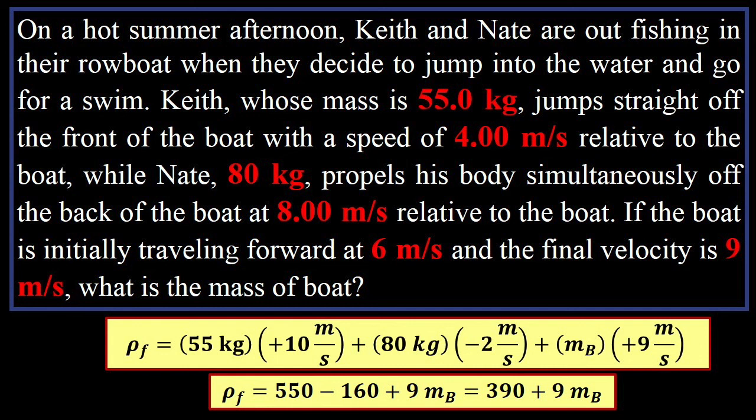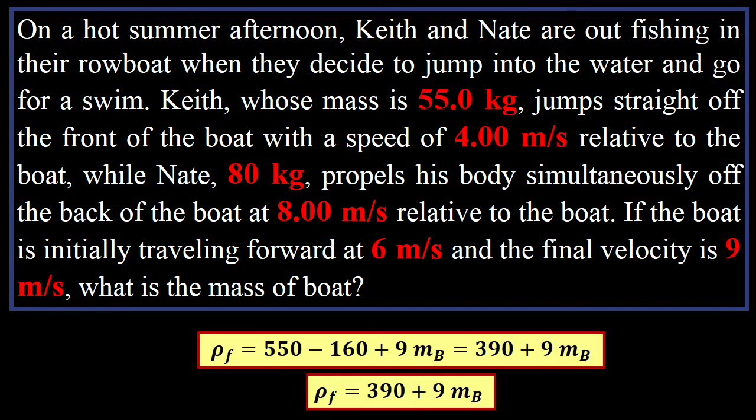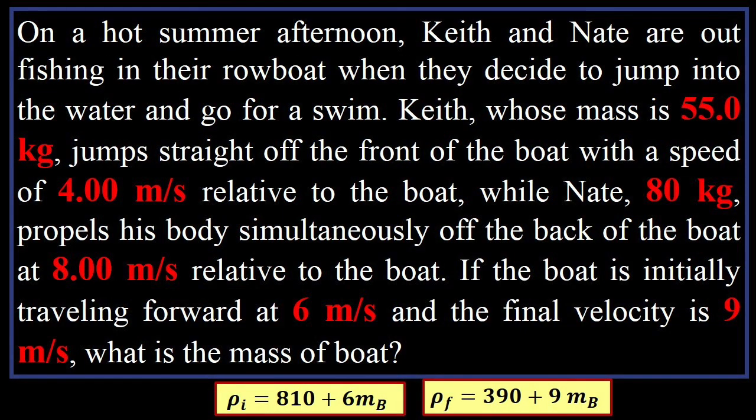I'll set the initial equal to the final. There's again the simplified final momentum, 390 plus 9mb. Now I'm going to set them equal to each other: the initial is 810 plus 6mb, and then 390 plus 9mb.